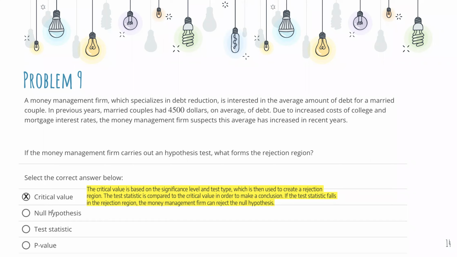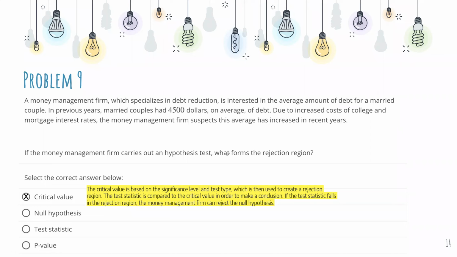So the null hypothesis is the hypothesis we are creating with the previous information that we have. A test statistic is a value that we compute from the information from the sample. The p-value is a probability that we compute using the test statistic to find area under the curve to the right of the test statistic.